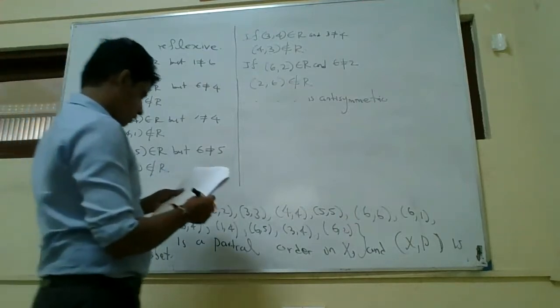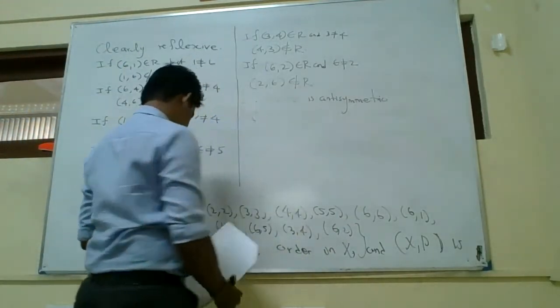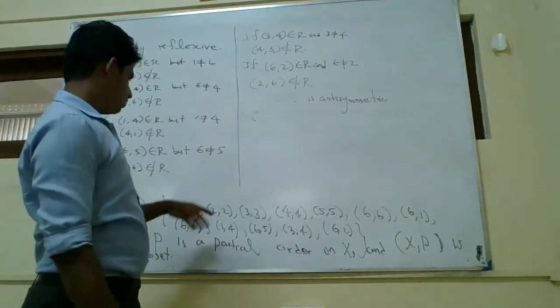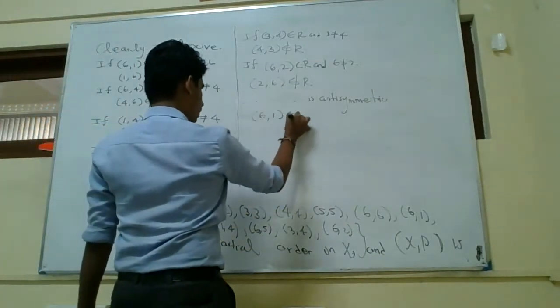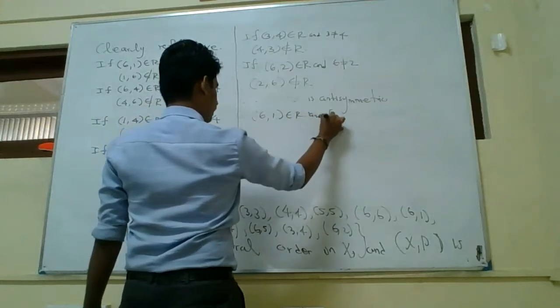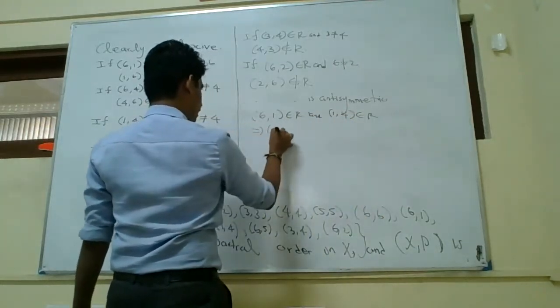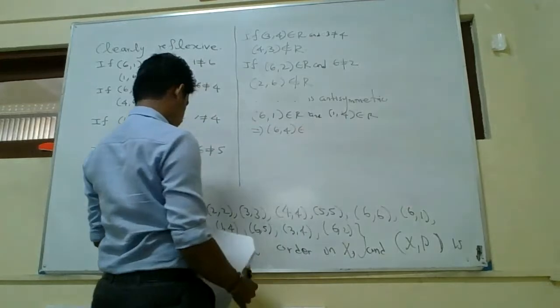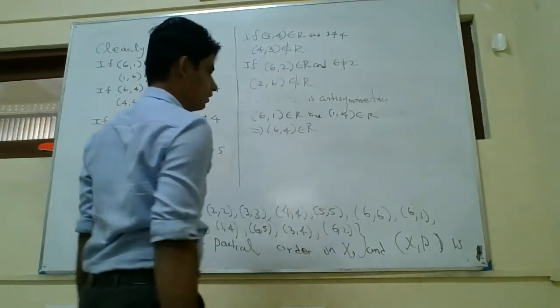Now the transitive case. Here (6,1) belongs to R and (1,4) belongs to R. Is (6,4) there? Yes, (6,4) is there. They belong to R, so it is the transitive case.